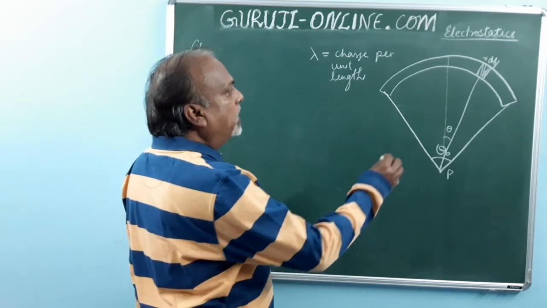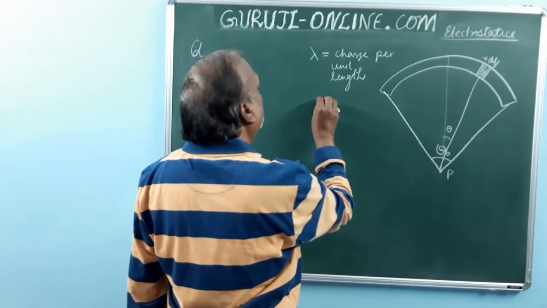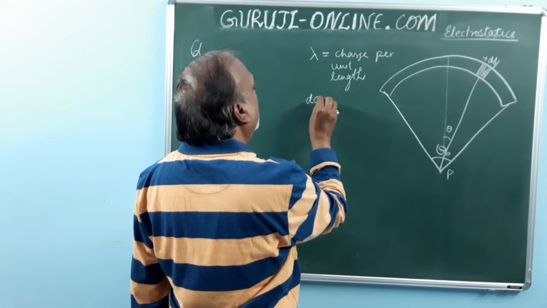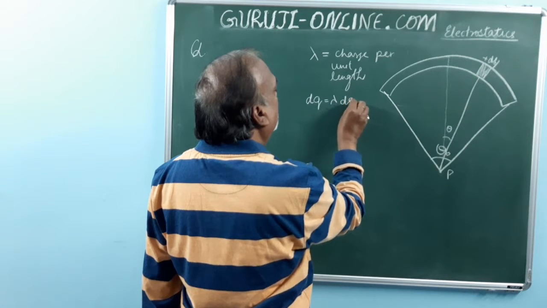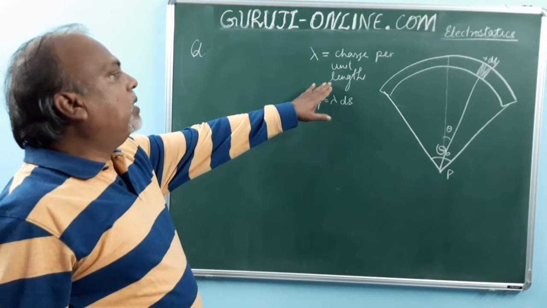So due to this charge, what will be this charge? dq, or we can write it as lambda ds. Correct? Because charge per unit length is lambda.